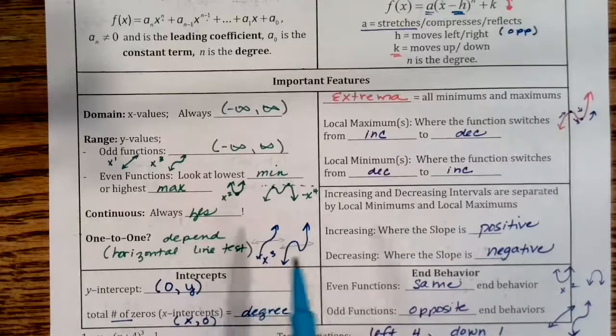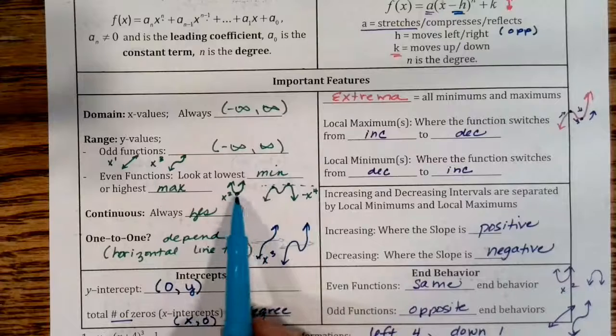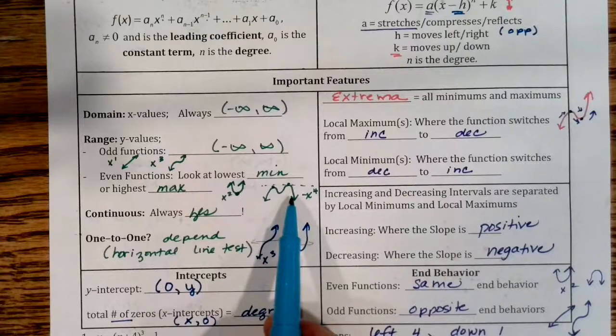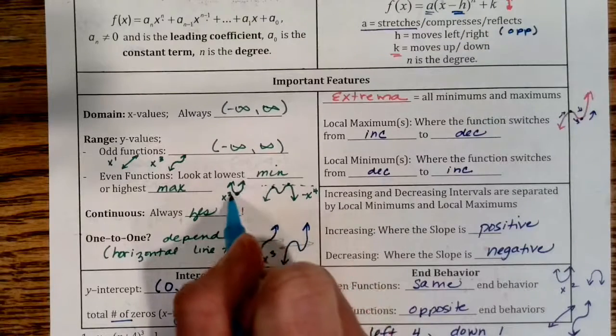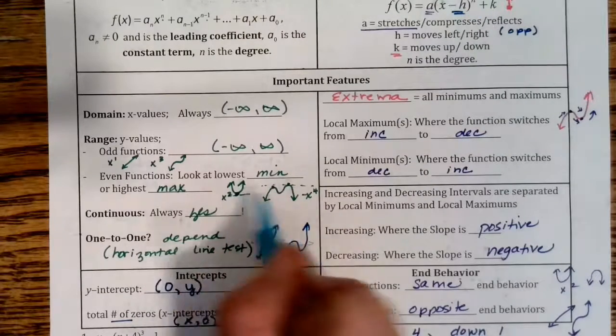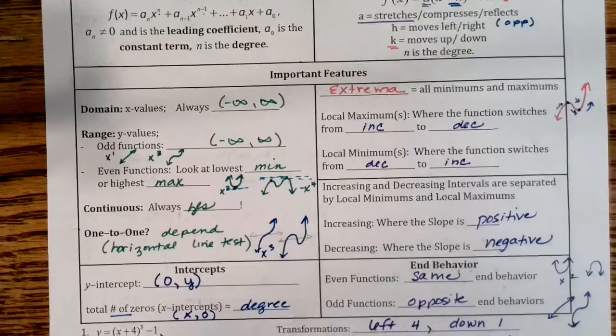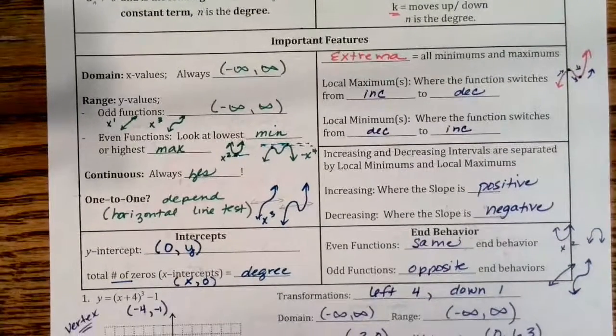Now when you have an even function, you need to realize that the output matches, so for your output, you have to look at where you have that minimum or maximum, and look at where the lowest minimum or the highest maximum is going to change your output.